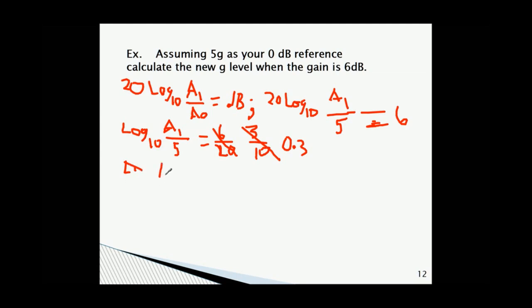So 0.3 is the exponent of 10, because log base 10 becomes 10, is equal to A1 over 5, and we're going to go ahead and multiply both sides by 5, so we have 5 times 10 with an exponent 0.3 is equal to A1.